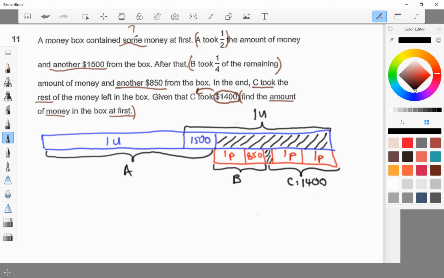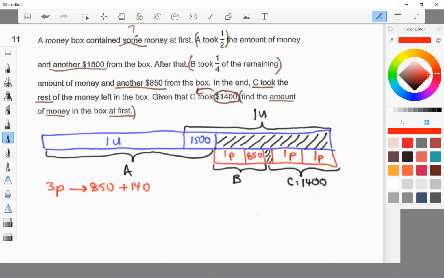So having got here, the next thing that I have to recognize is that if C received 1,400, which consists of 2 parts with the shaded portion, and I know that the shaded portion and 850 represents 1 part, this will actually mean that 3 parts can be represented by 850, and I add up 1,400.